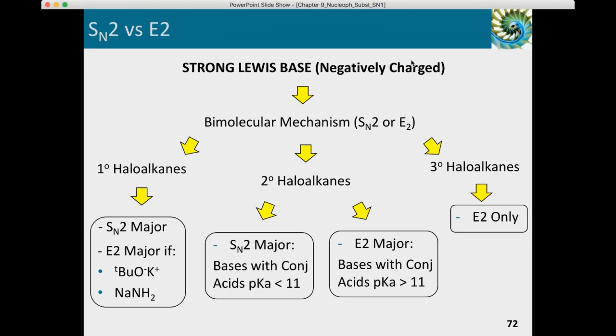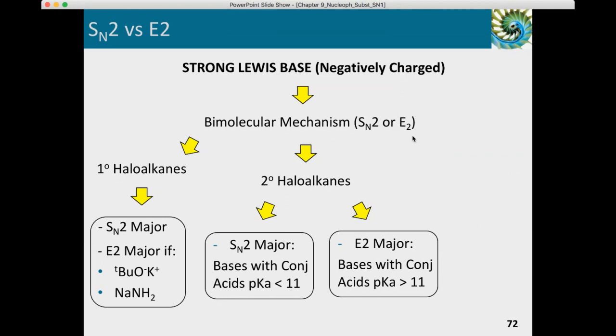In terms of regioselectivity for E2, remember that usually the most stable alkene is favored, which is the one with the highest substitution. Also, I wanted to remind you that you will always get as many E2 products as non-equivalent beta hydrogens you will find in the molecule.